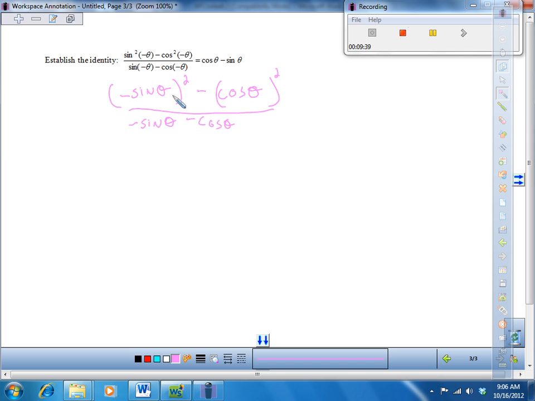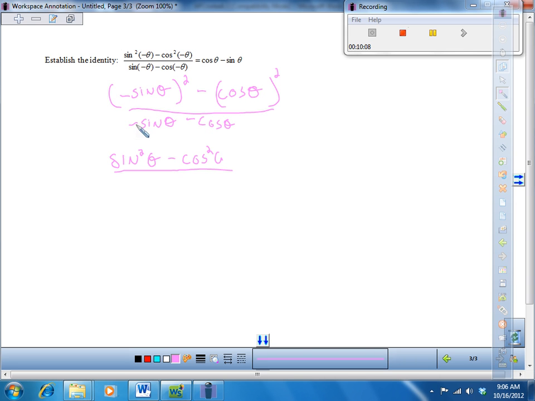I got to think a minute. I got it. So when I square this, what do I get? I get sine squared theta minus cosine squared theta on top. And I'm going to write this on the bottom.